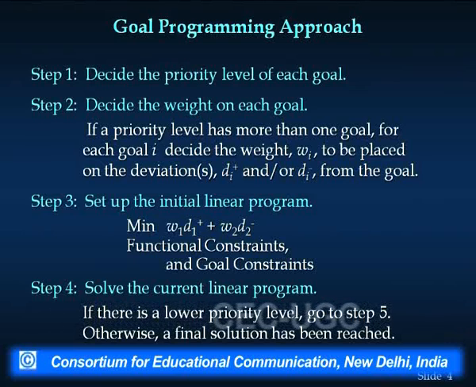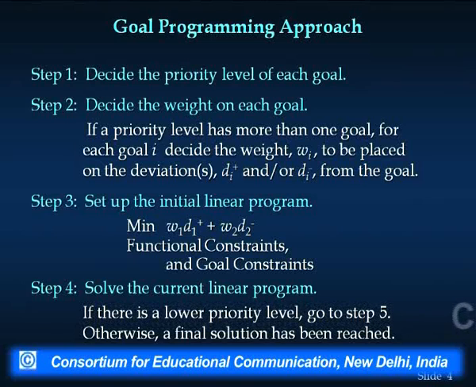I will be given the priorities like 1, 2, 3. 1 means the first priority, 2 means the second priority. 1 means the topmost priority and 2 means the second most required priority. Step number 3, set up the initial linear program.